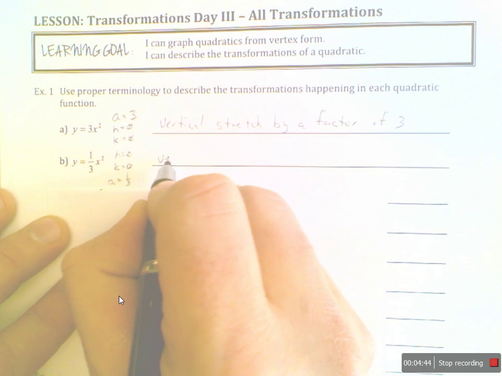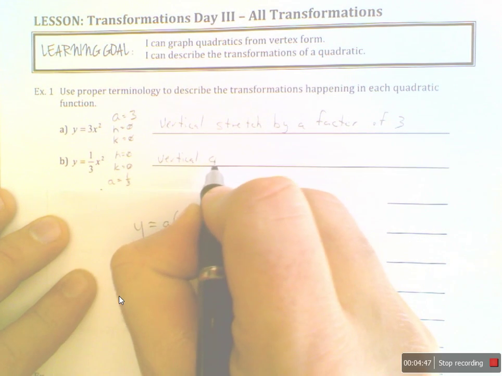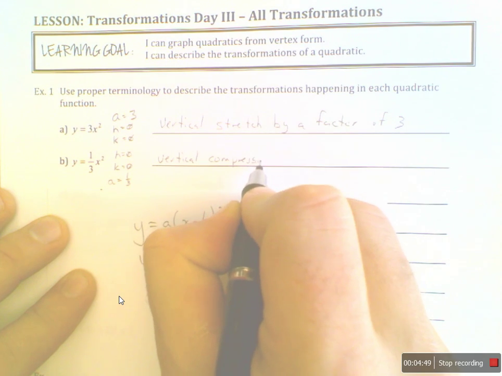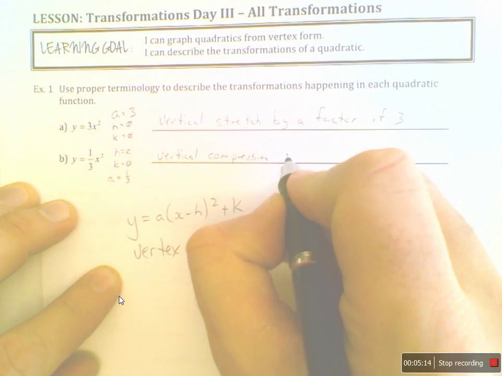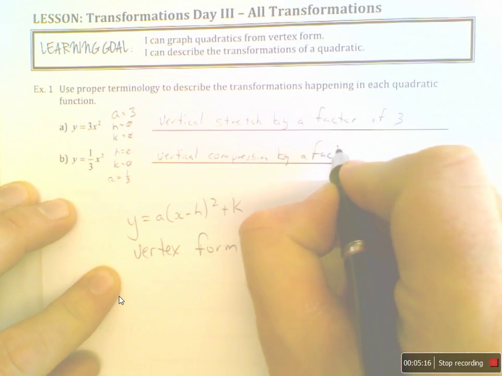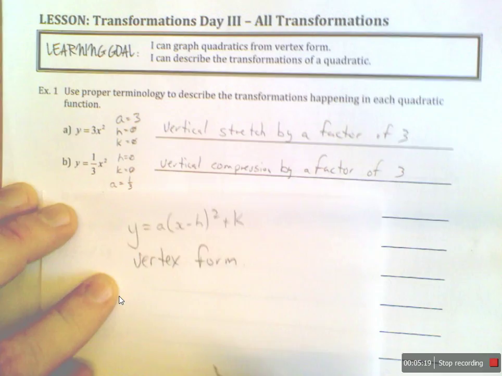So it's a vertical compression by a factor of 3, or by a factor of 1/3. You can say it both ways.